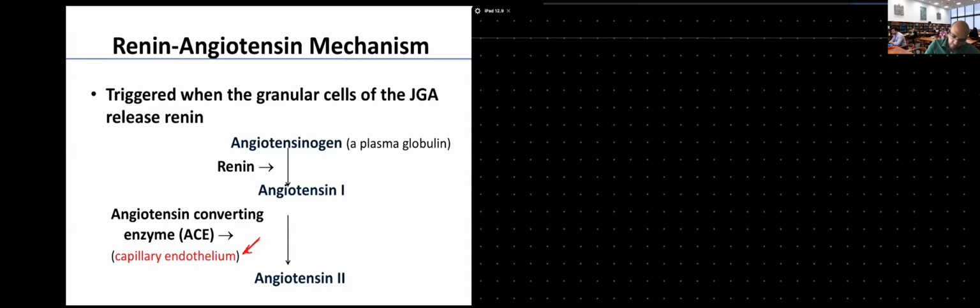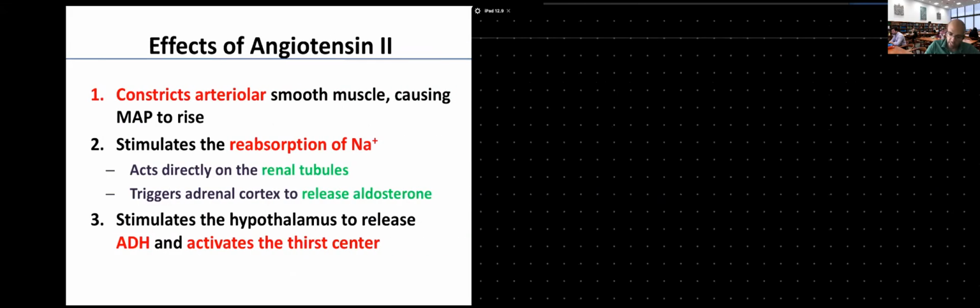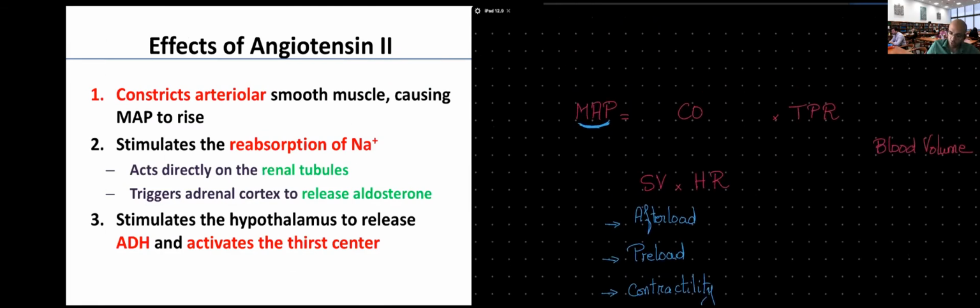Right. First action of the angiotensin II is by constricting the arterioles. I have vasoconstriction of the arterioles. And as I constrict the arterioles, what's going to happen to my total peripheral resistance?